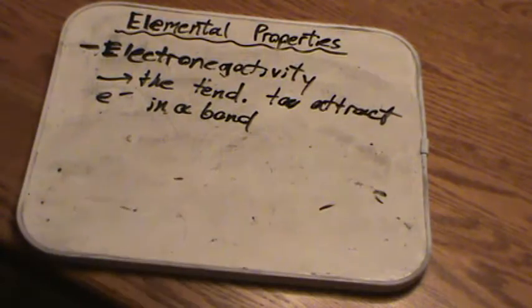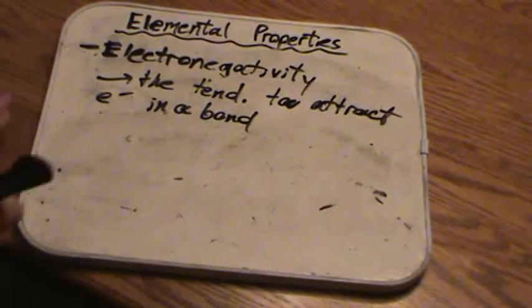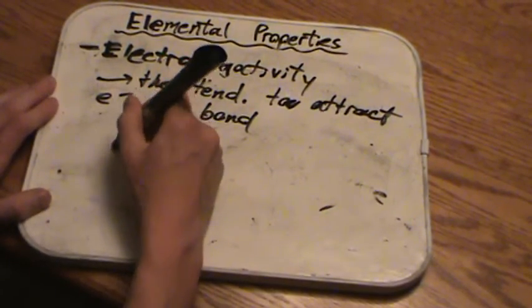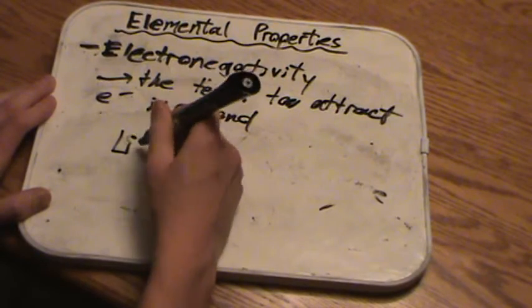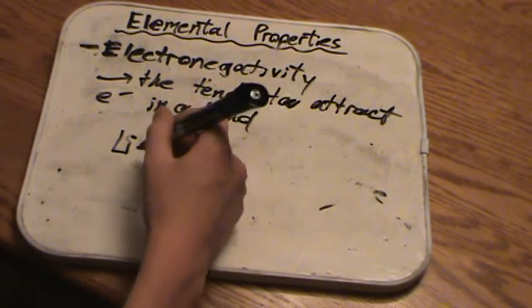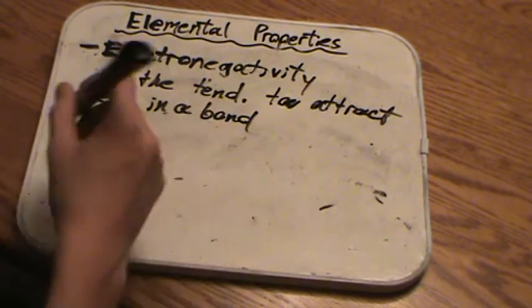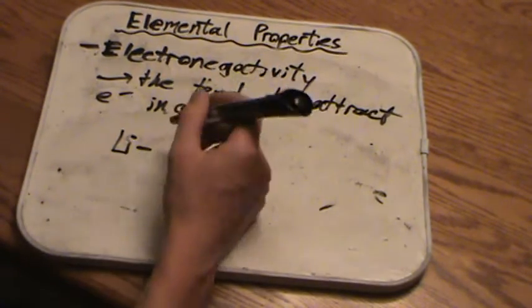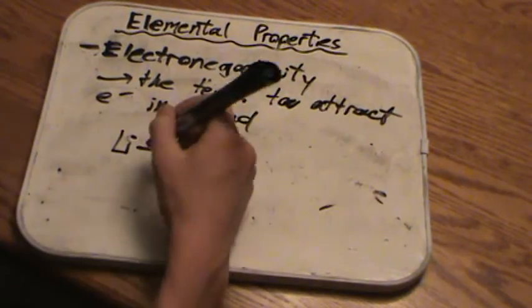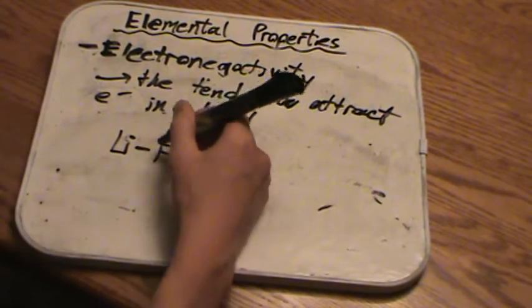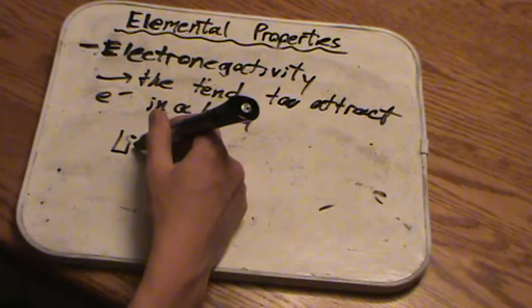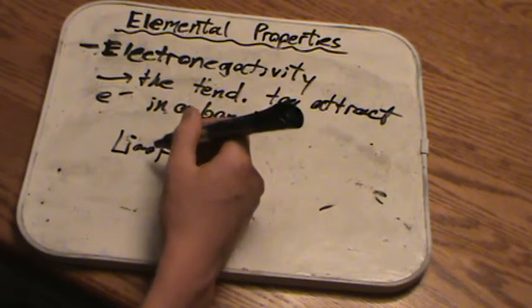So let's go back to the example we had in the last video with lithium and fluorine. Let's, as we did before, represent this bond, even though we know that actually the electron is transferred to the fluorine, that the fluorine takes the electron for itself. Let's pretend this bond is represented by this line, and there's an electron here and an electron here.